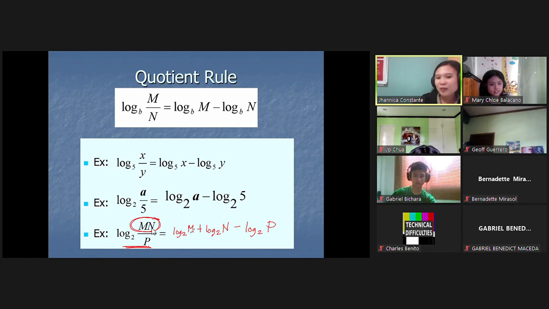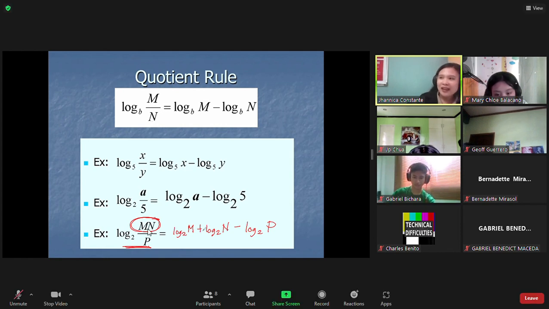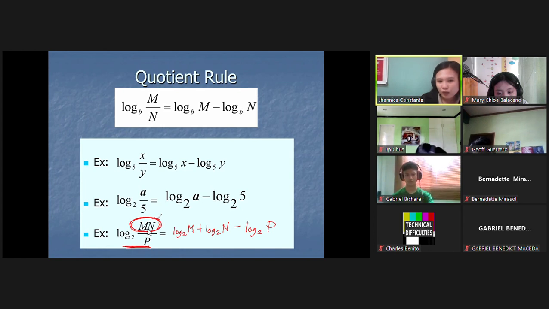Why is it that we separate m and n? Since these are two arguments or two functions we have here, which is m and n, or m times n. That's why we expand this argument, which is mn. It will become logarithmic 2m plus logarithmic 2n minus the logarithmic 2p.